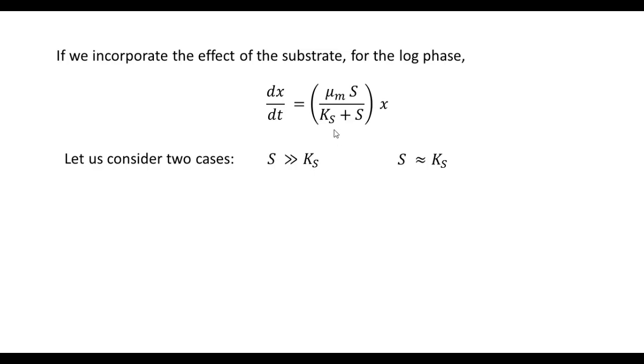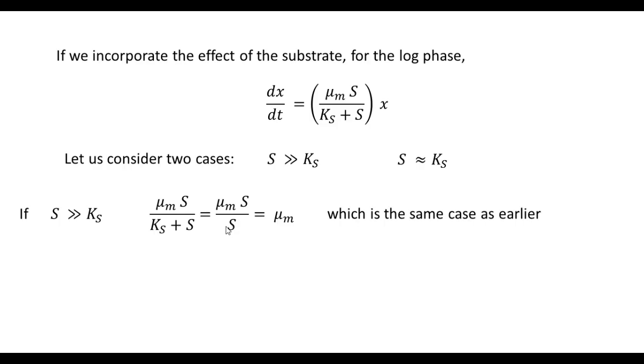If we replace the denominator by S, you have mu m S by S, S can be cancelled, and you will be left with mu m alone, and that's what is shown here, which is exactly the same case as earlier.